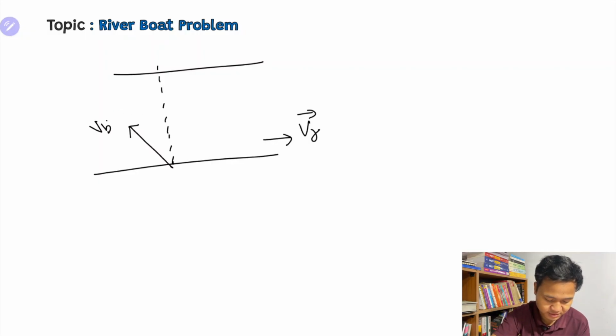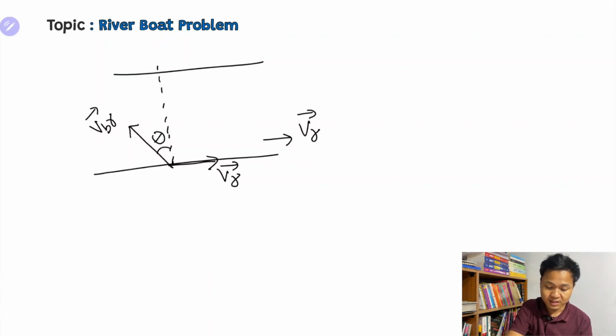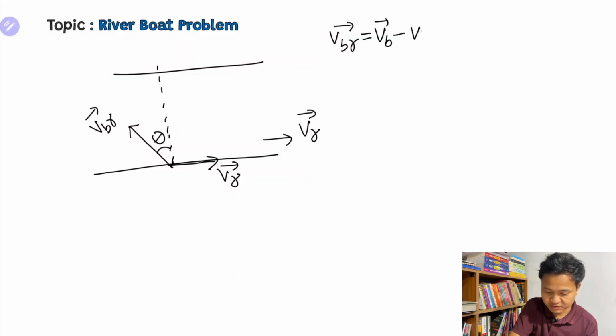That means this is VBR, making an angle theta. On this side I have VR. The relation: velocity of boat with respect to the river equals velocity of boat minus velocity of river. From here I can write velocity of boat equals velocity of boat with respect to the river plus velocity of river.